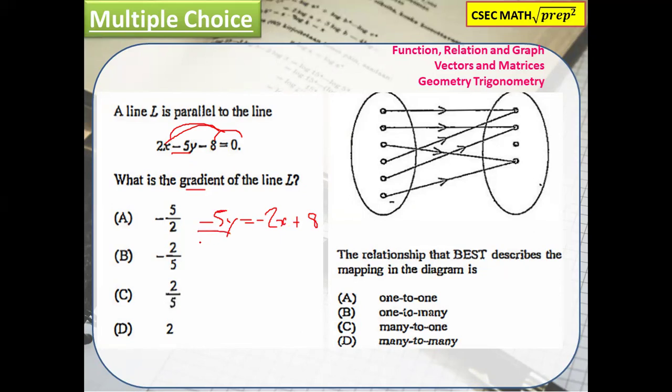To divide both sides by minus 5 so that y remains by itself, we would have what? Minus 2 divided by minus 5. The negatives will cancel each other, so our answer is going to be 2 upon 5.